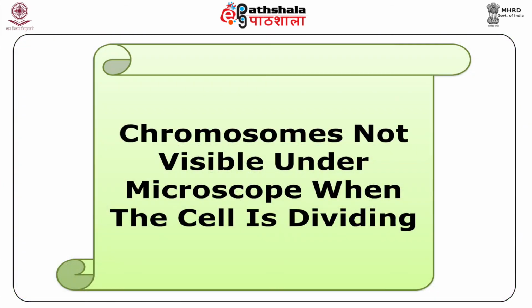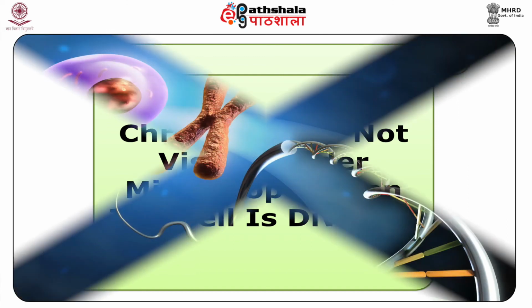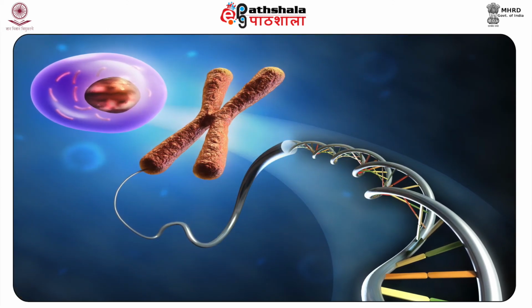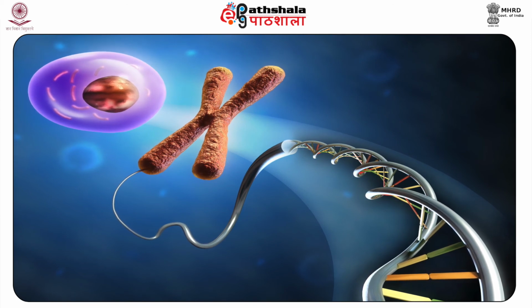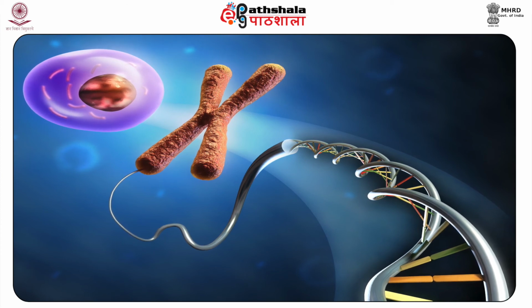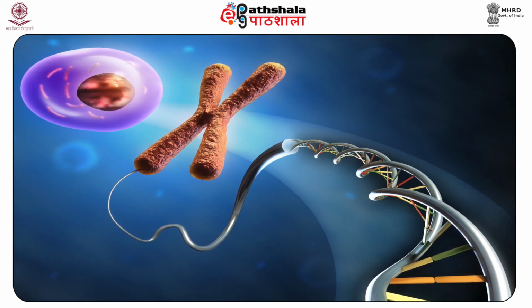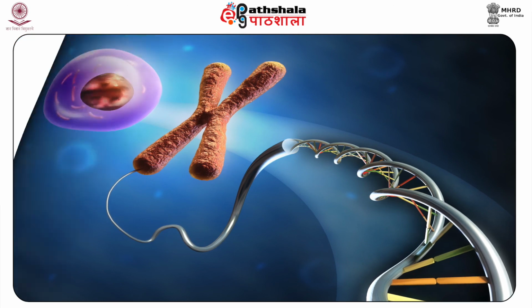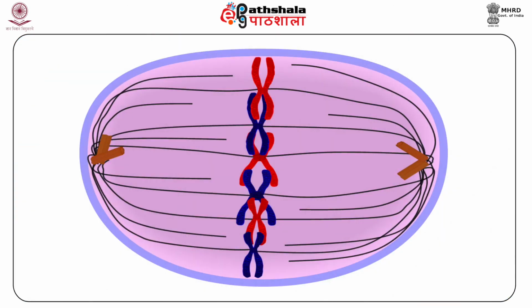Chromosomes are not visible in the cell's nucleus, not even under a microscope, when the cell is not dividing. However, the DNA that makes up chromosomes becomes more tightly packed during cell division and is then visible under a microscope. Most of what researchers know about chromosomes was learned by observing chromosomes during cell division.